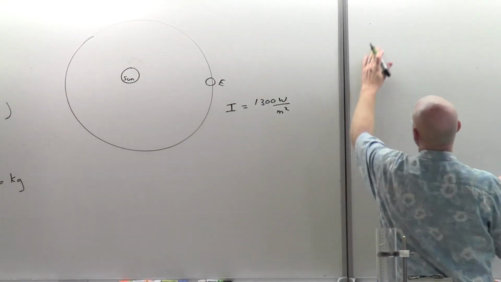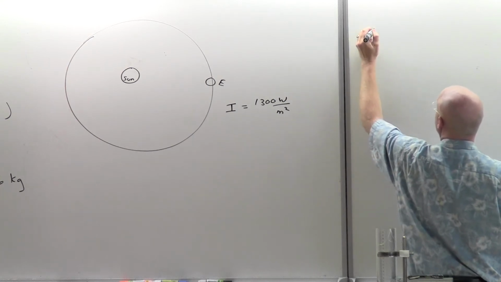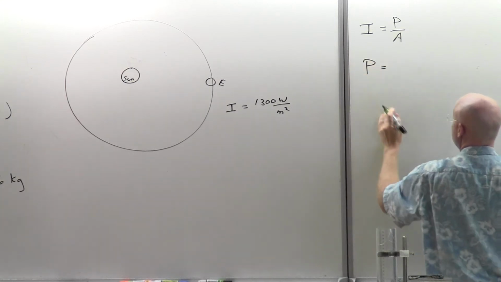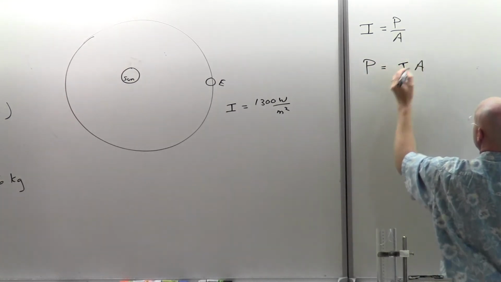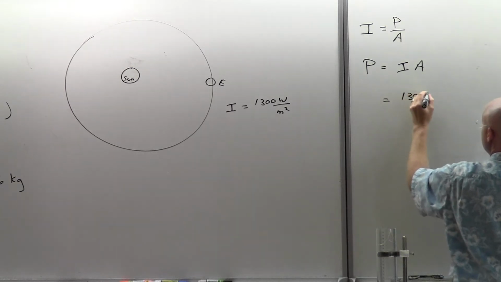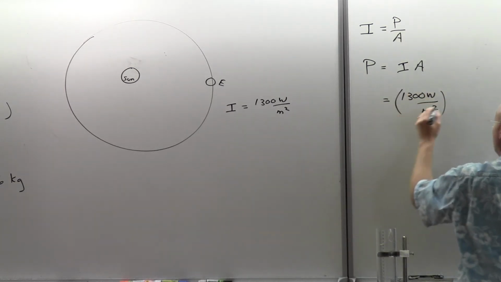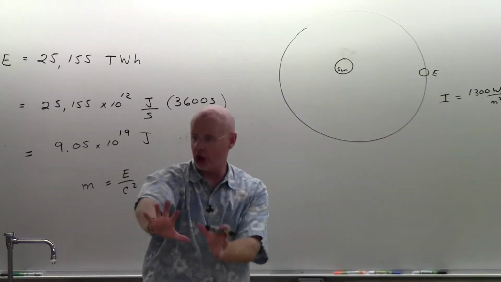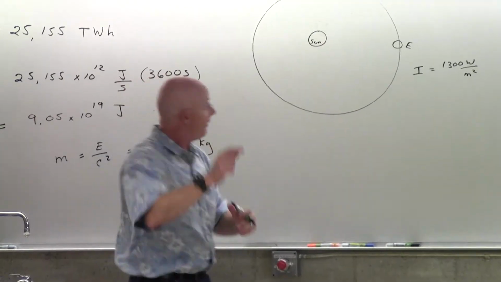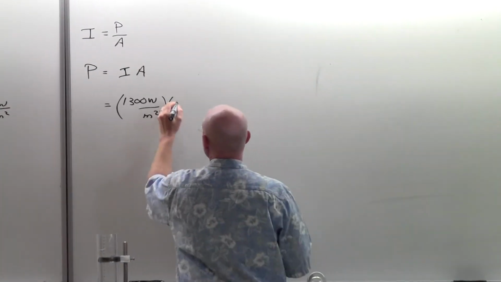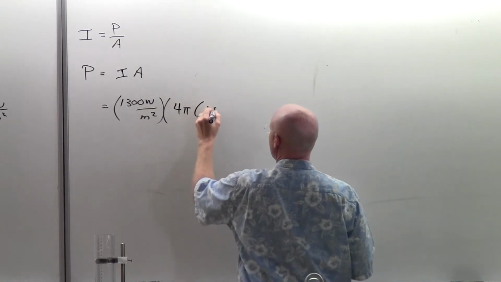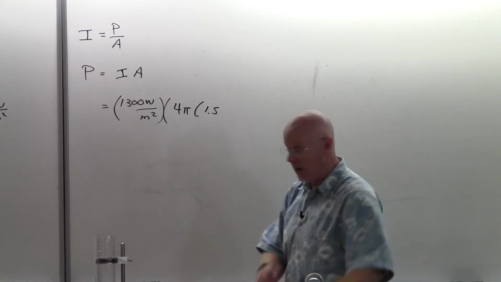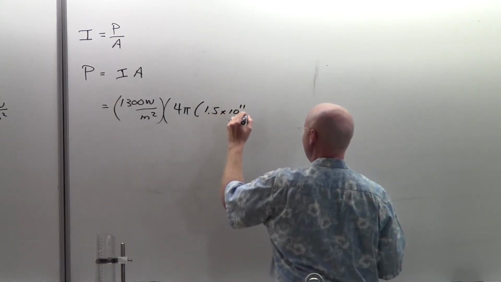The intensity is power over area, so power would be intensity times area. But the light from the sun goes in all directions. It doesn't go just towards the earth. So that energy is spread out on a surface that is 4 pi r squared, r being the distance to the sun.